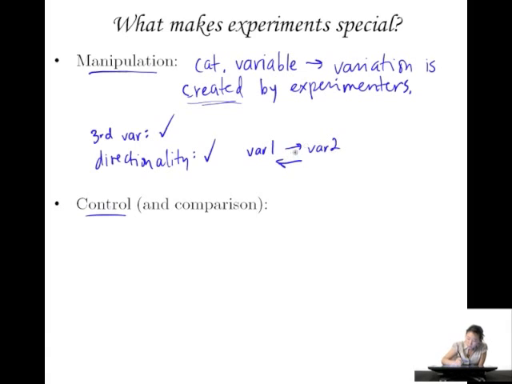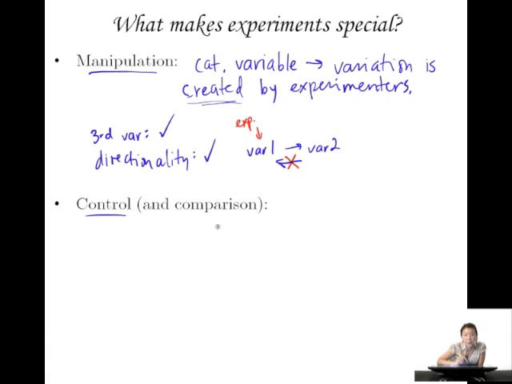We've basically ruled this arrow out because we know what caused variable 1, the experimenters. All right. So that's one of the important components of an experiment, that they have manipulation of your categorical variable.